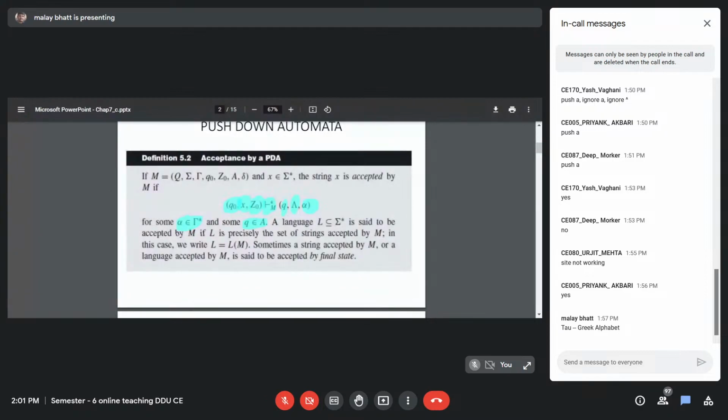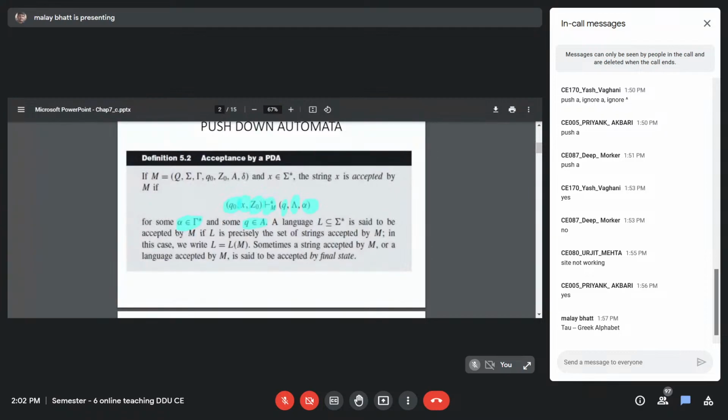So we can say a string is accepted by the automata if we reach the accepting state and consume the full input. And we can say L is equal to Lm. That means the machine should not accept any extra element from the sigma star, and it should not leave any element from the language L. Then L is equal to Lm.